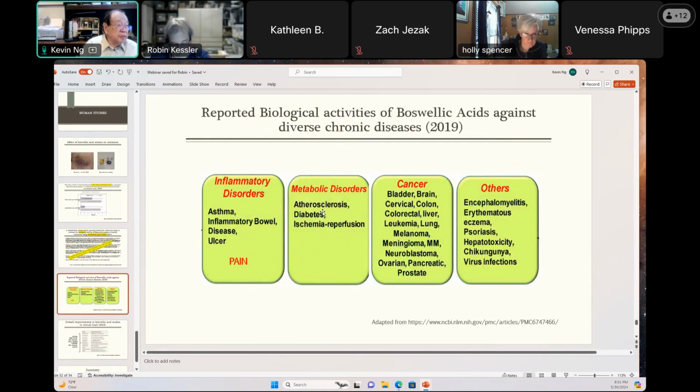Clinically, it has been done in isolated instances. It works very well on asthma, inflammatory bowel disease, pain, and metabolic conditions like diabetes. It works very well, and on cancer. All these have been done in the test tube. Only one study was done on a patient with a brain tumor. So there are many indications that boswellic acid can be used medically.